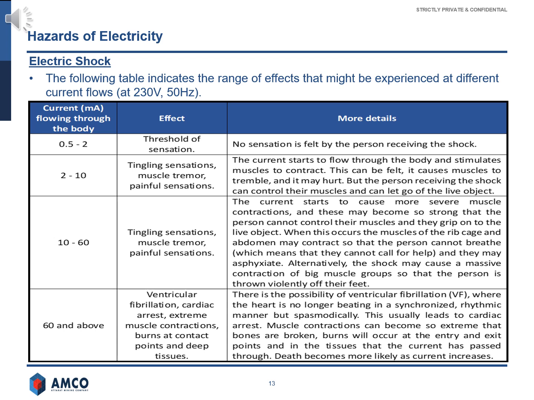The risk of ventricular fibrillation, a life-threatening heart rhythm, increases significantly. This is considered a dangerous level of current. Above 60 mA, currents can cause immediate and severe effects, including cardiac arrest, severe burns, and potentially fatal injuries. The likelihood of death increases with the magnitude of the current.